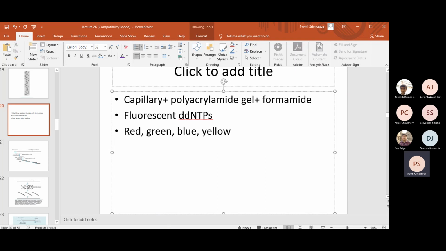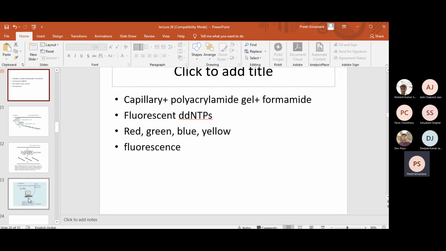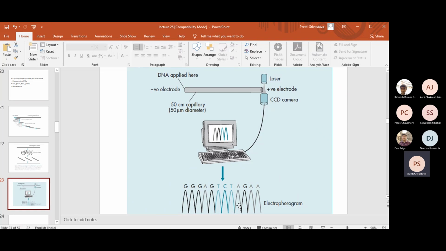And all of these are mixed together, and they are detected based upon fluorescence. Because the signal is different, there is no need to use separate lanes. In the same capillary you can run the entire mixture and you will get what is called a chromatogram.